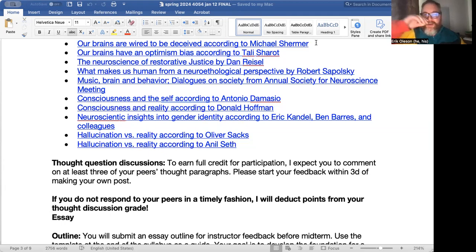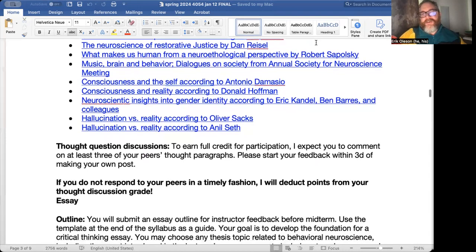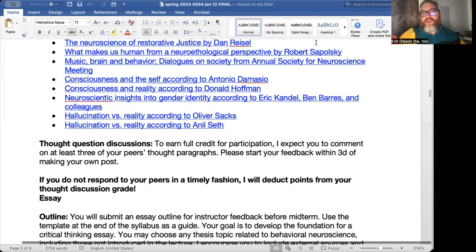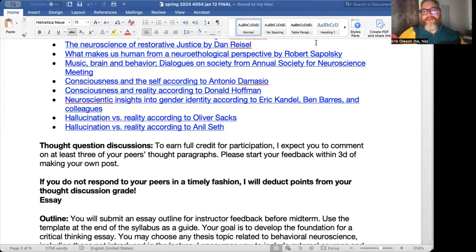And then we'll hear Tali Sharot give us a similar idea from more of a neurocentric and modern viewpoint. Then we'll hear from Dan Reisel on how neuroscience might inform restorative justice in society.